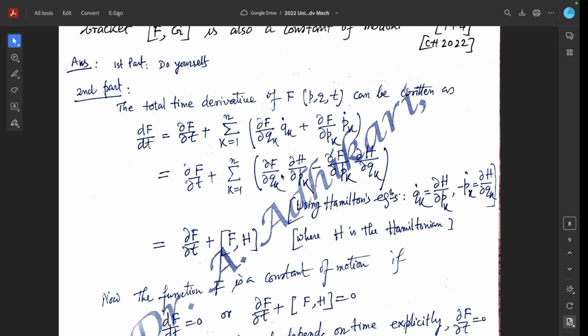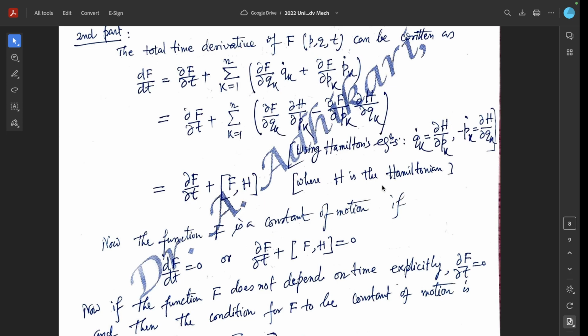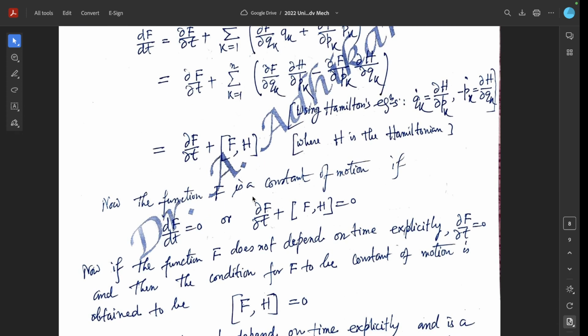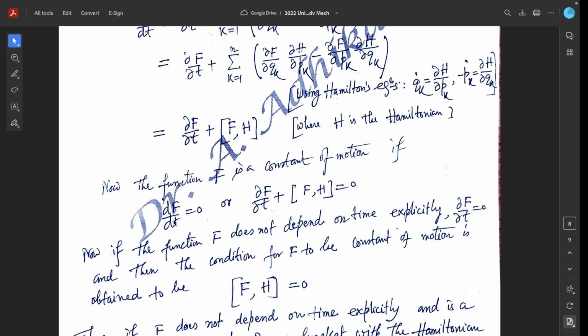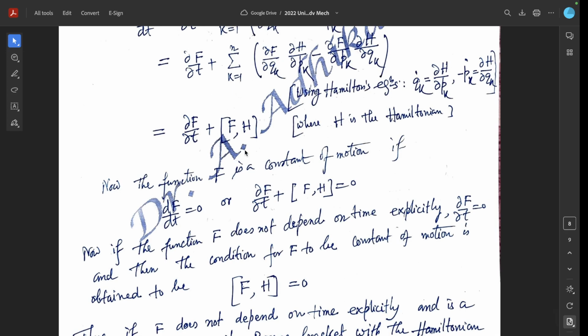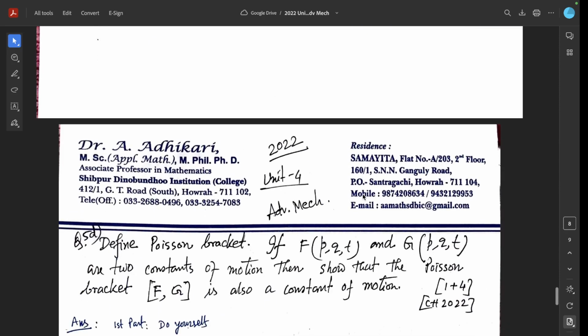And this equals the Poisson bracket of f and h with respect to q and p. So df/dt equals del t f plus the Poisson bracket of f and h, where h is the Hamiltonian. The function f is a constant of motion if df/dt equal to 0.